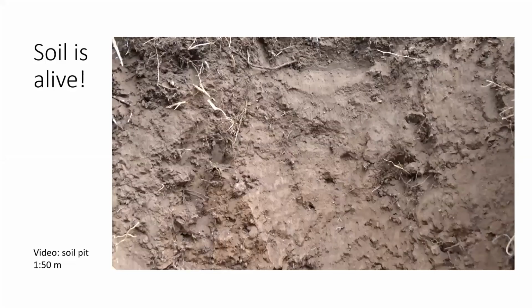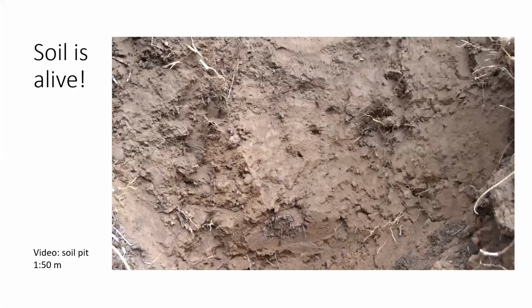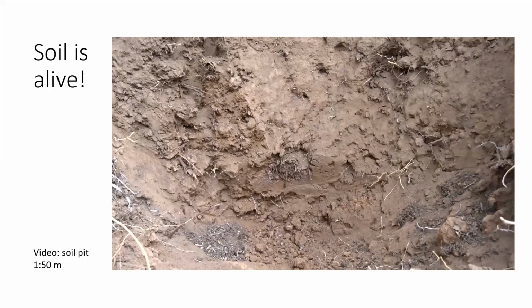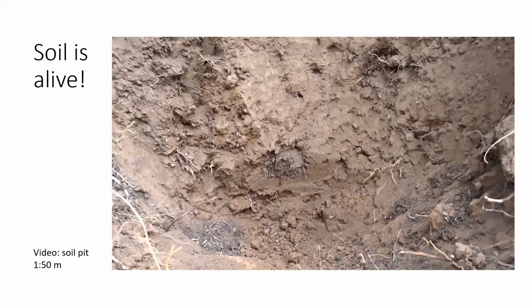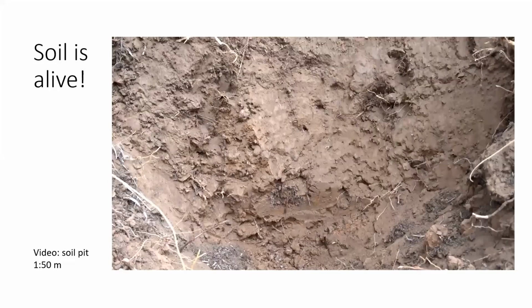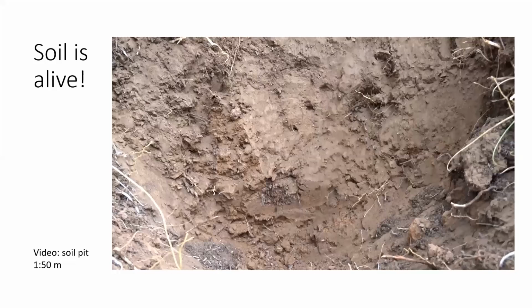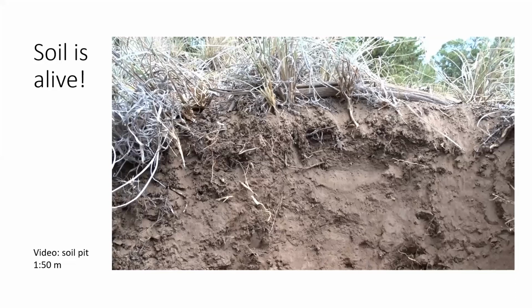Now we're getting into the rooting zone of this soil, and the roots go pretty deep until the bottom of the pit, which is about a foot deep, where we pretty much reach the mineral soil. And you see maybe slightly the color difference, where the bottom of the pit is a little bit more reddish. And the top has this grayish, blackish layer of organic matter that's associated with the decomposition of roots.